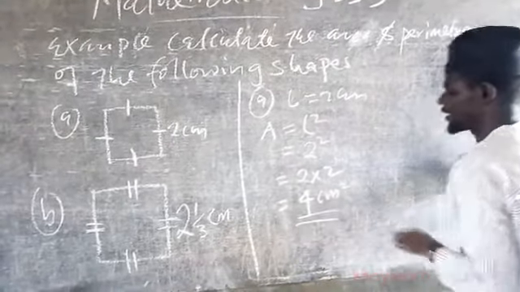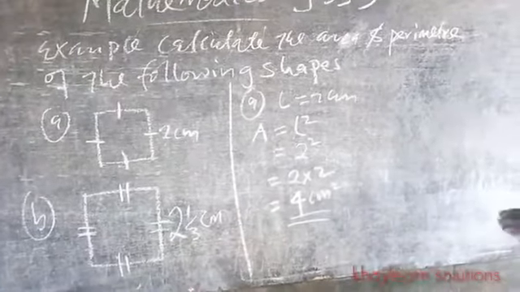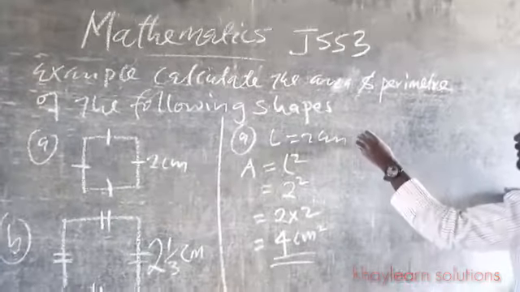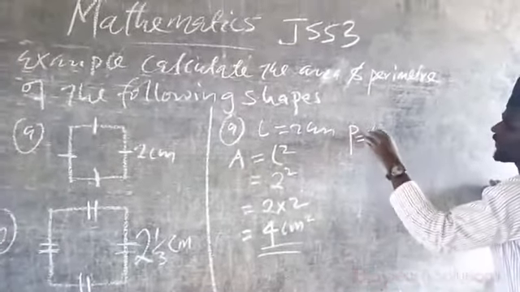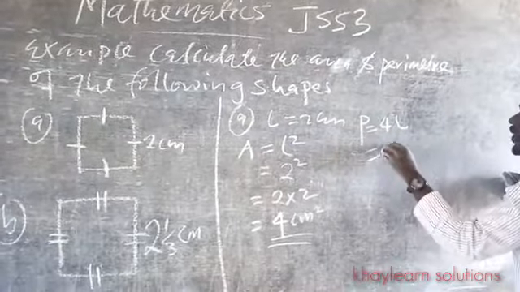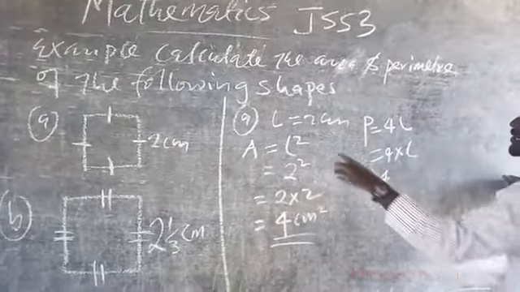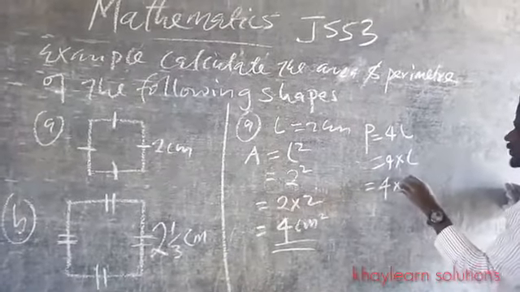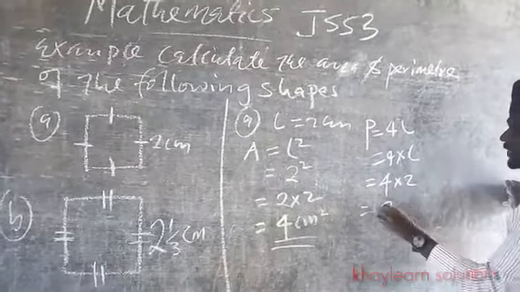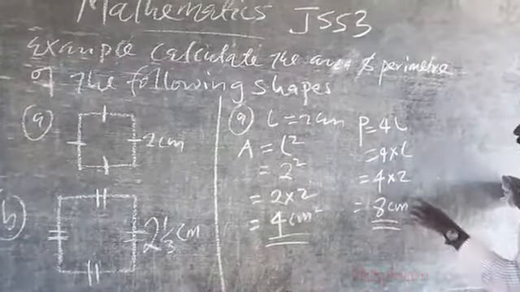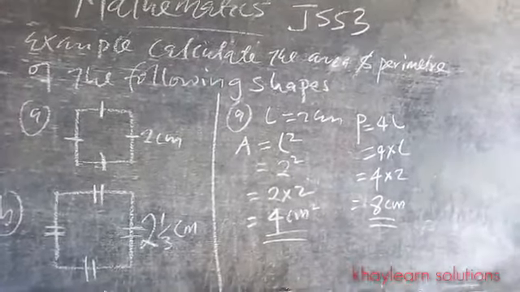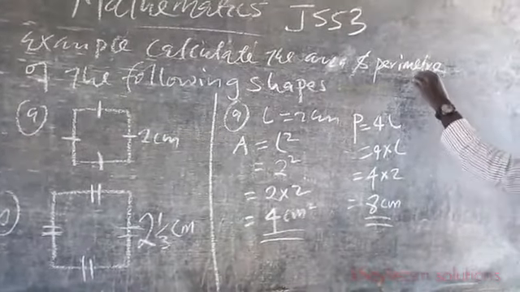So this is the area. Now the perimeter is P equals 4L, which gives you 4 times L, and the L I told you is just 2 centimeters, so 4 times 2, which gives you 8 centimeters. And this time you don't have to put a square on the centimeter.